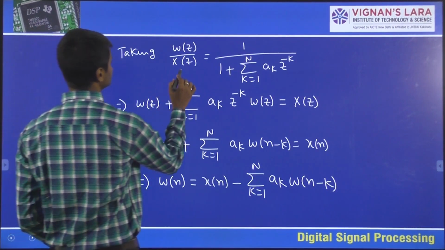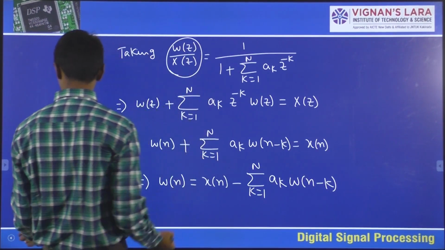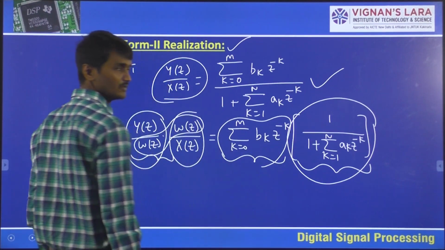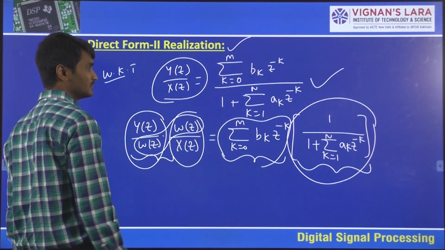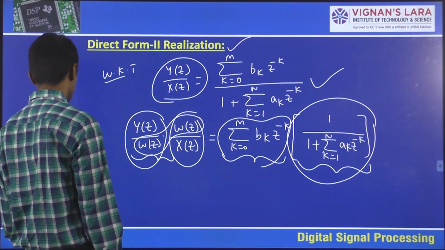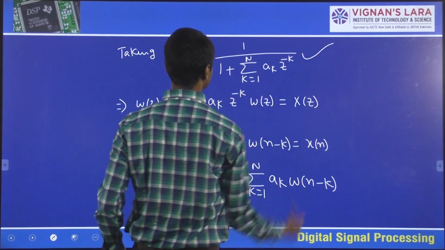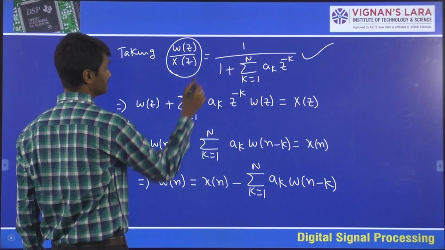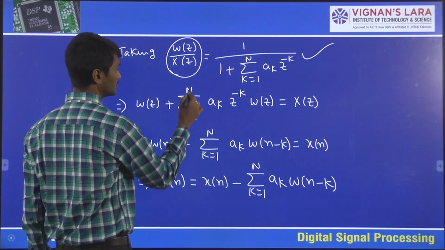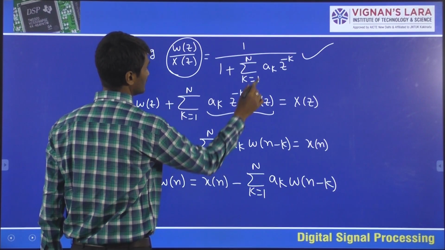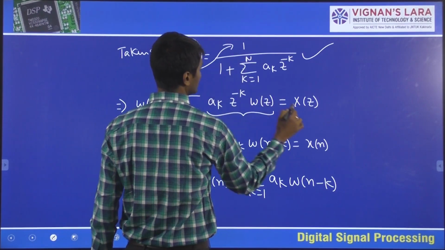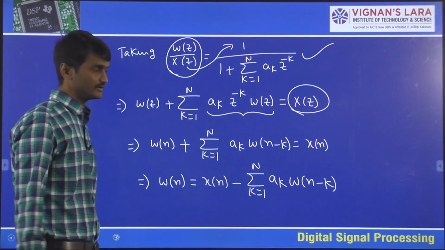By taking this part, W of z plus sigma k equals 1 to n ak z power minus k into W of z equals X of z.